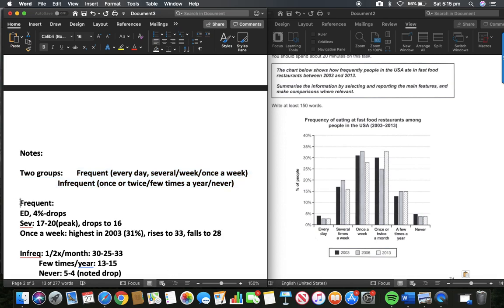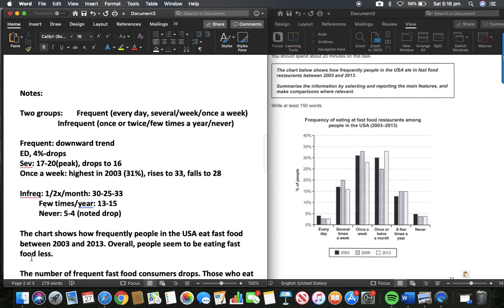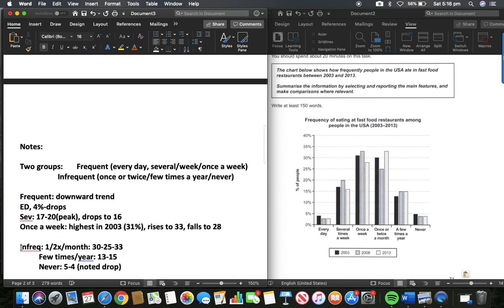So let's look into the notes. Frequent, every day, 4% drops. Several times a week, drops. Once a week, also drops. So frequent, downward trend. Then infrequent, this one goes in the other direction.